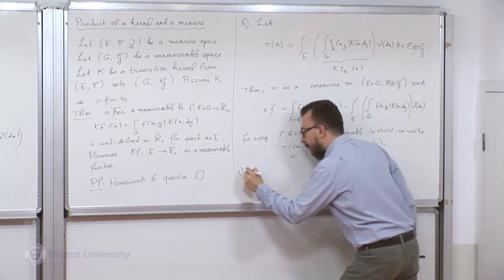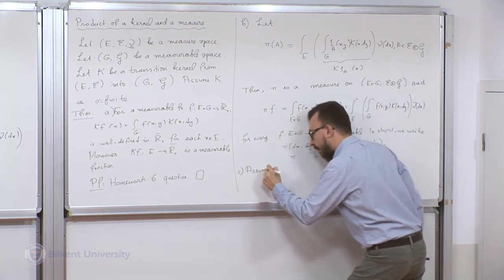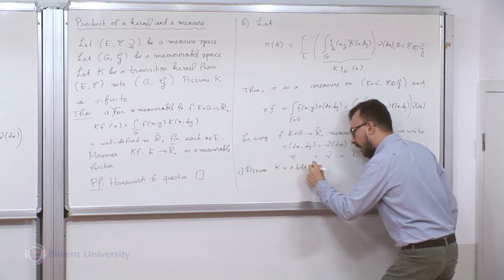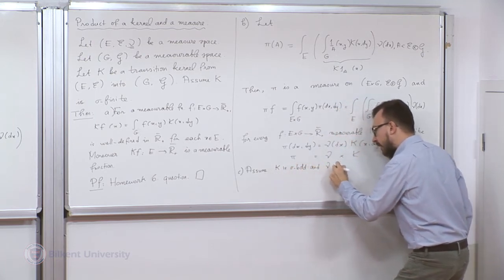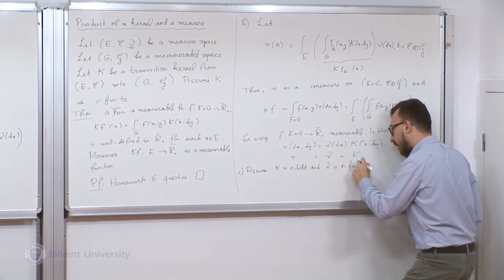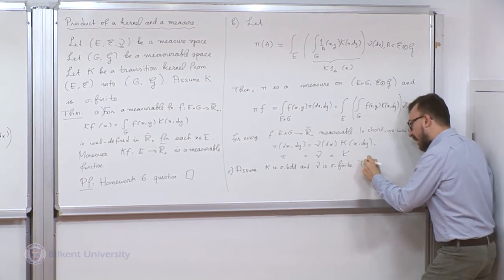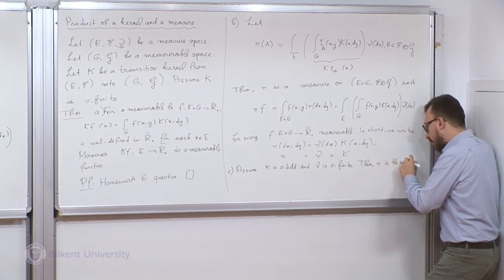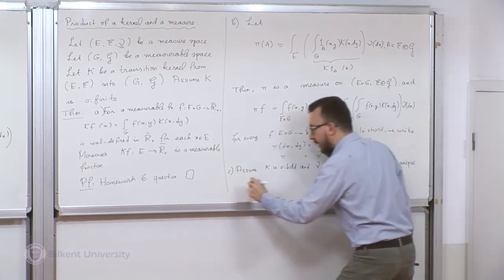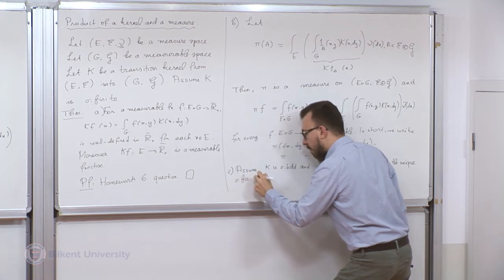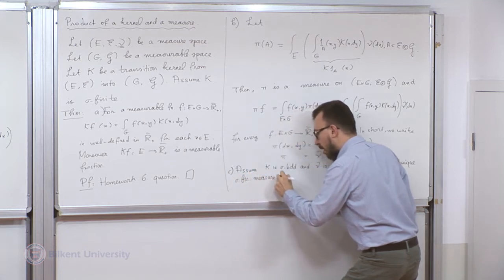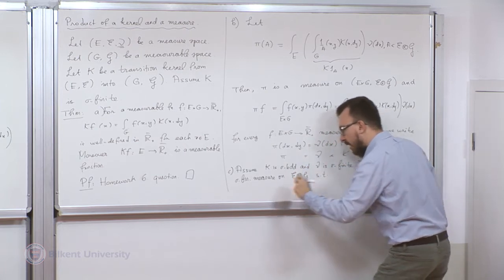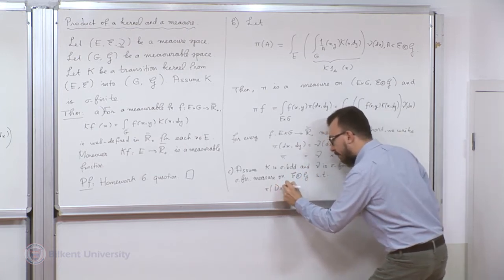So assume K is sigma bounded and nu is sigma finite. Then pi is the unique sigma finite measure on E cross G such that pi of a measurable rectangle.